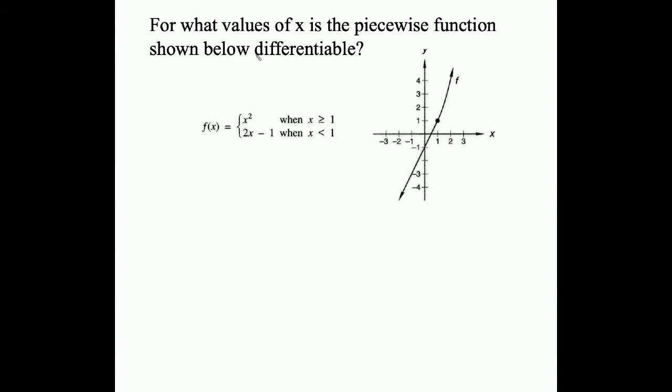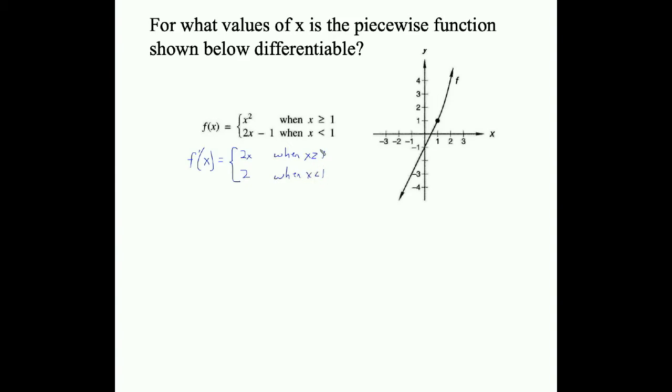So when we check something like this, we want to check both parts. So the derivative is going to be equal to 2x when x is greater than or equal to 1. So the derivative of this was 2x. The derivative of this is 2 when x is less than 1.